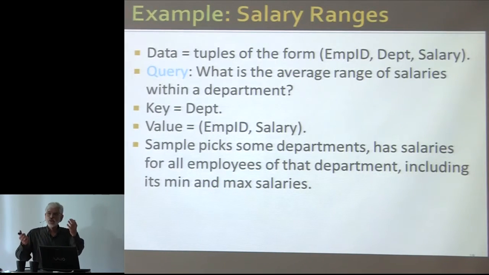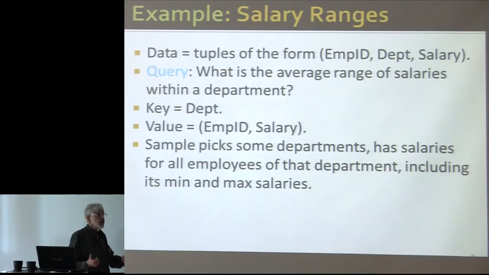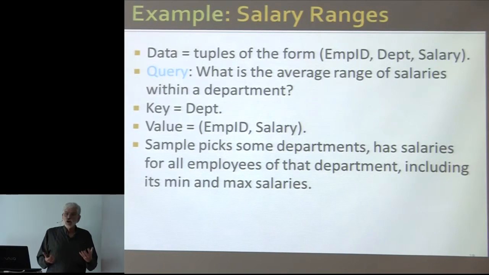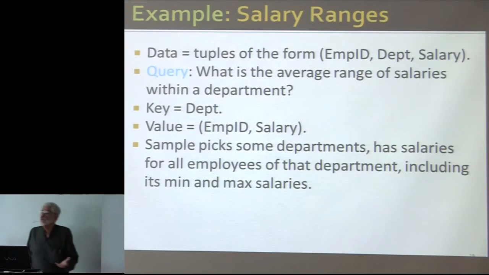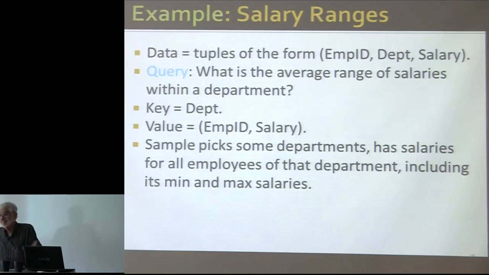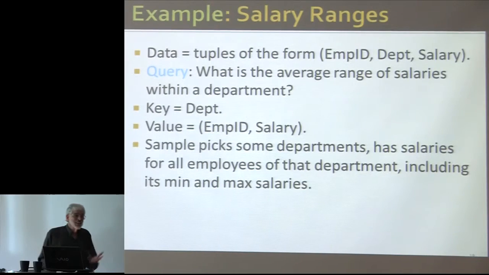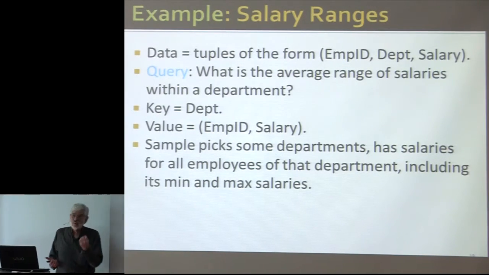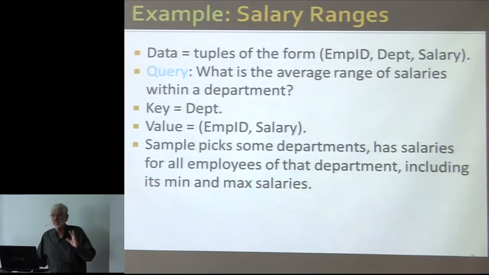What I get is, for each department in my sample, I see all the employees in that department, and therefore can compute the exact range of salaries, and I can compute the average among all the departments that I've taken. And since I took the departments at random, there's a reasonable chance that the average in the sample is pretty close to the true average. At any rate, there's no bias.